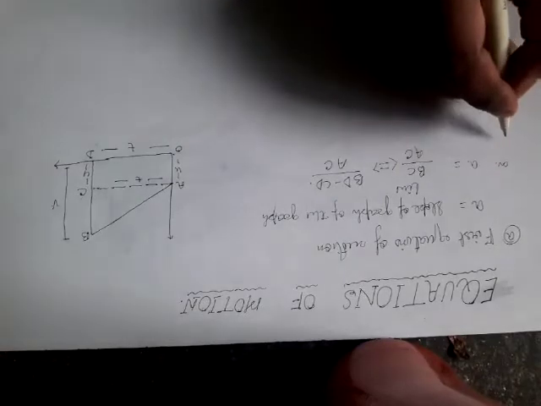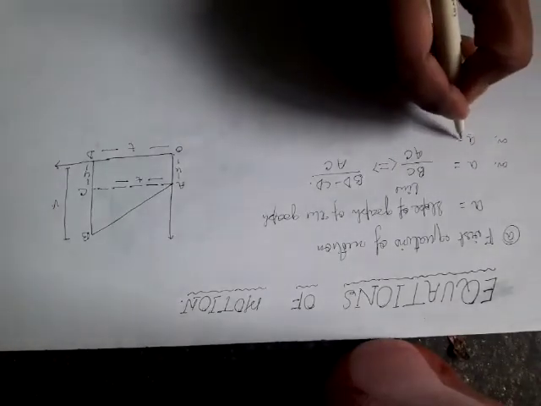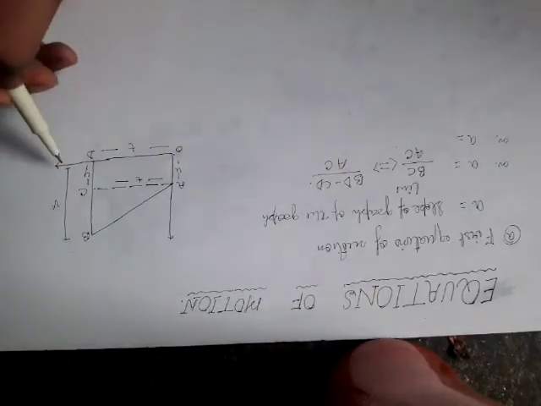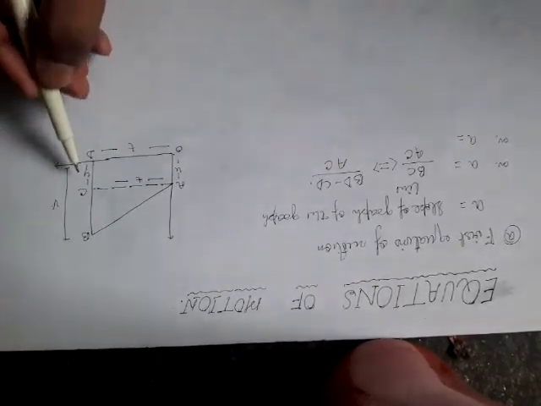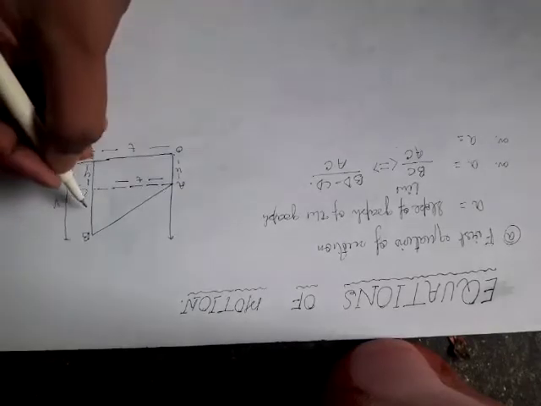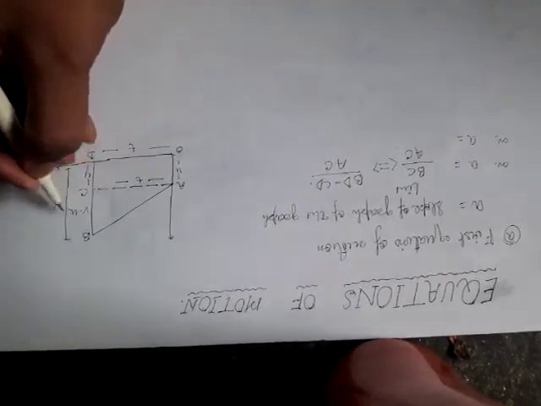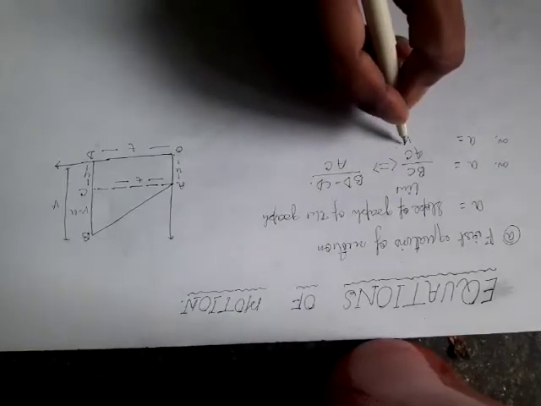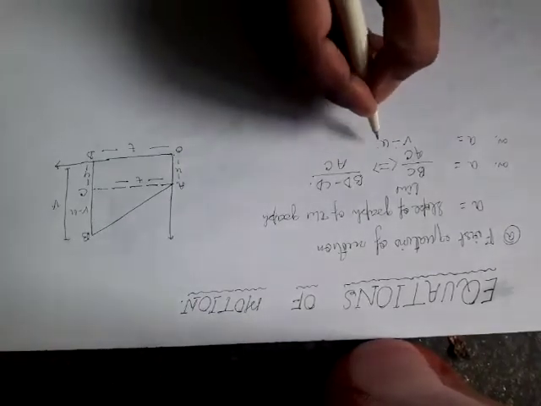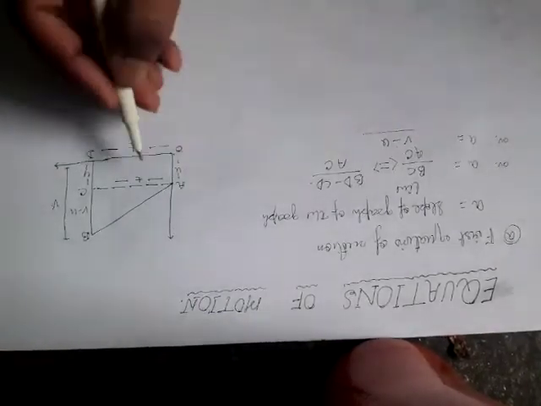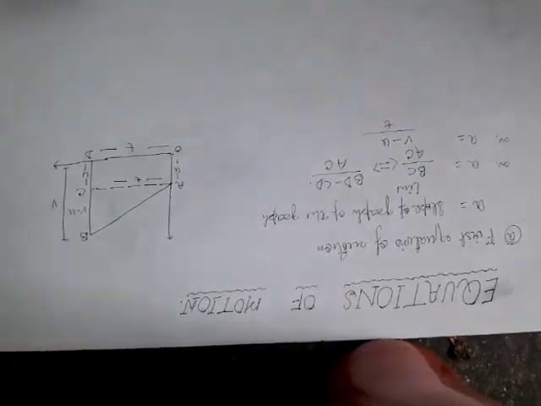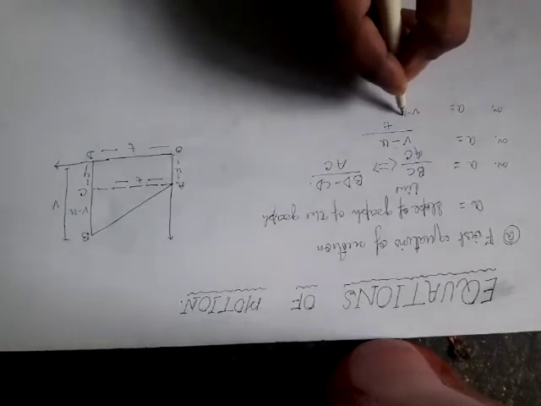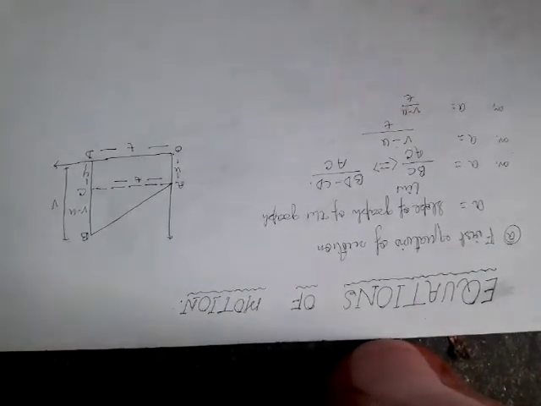After that, we can write BD is V, and CD is U. So BC will be V minus U. Here we are writing BD as V, CD as U. And what will be AC? AC is already time t. So acceleration equals v minus u upon t.